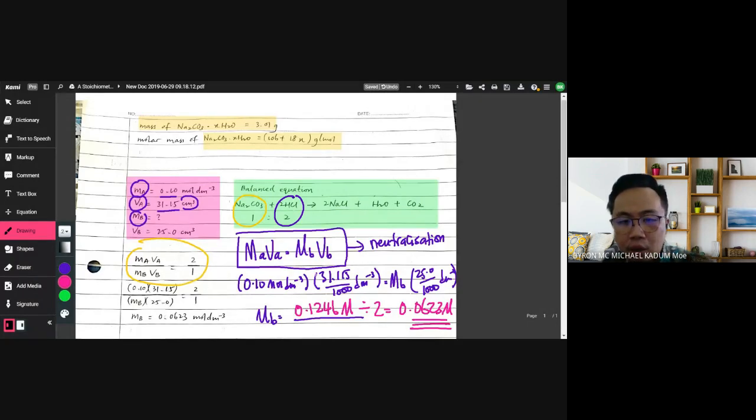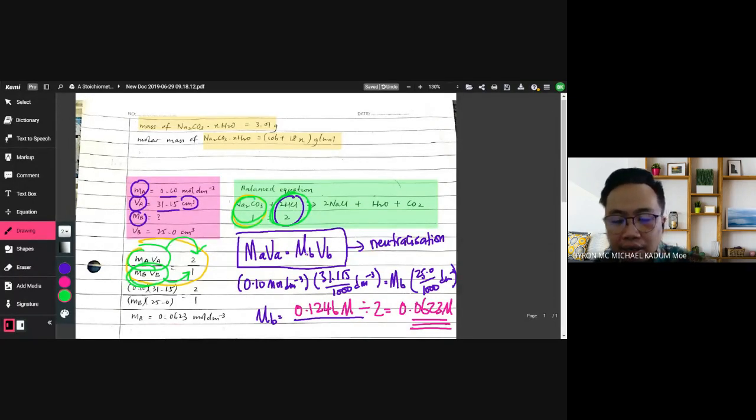Okey, sama macam apa yang berlaku di sinilah. So ini sebenarnya konsep yang saya tulis ini sama macam apa yang sedang berlaku di sebelah kiri ini. Kalau kamu tengok yang sebelah kiri ini sekarang, ini adalah acid MaVa dan dia ada 2 mol. Betul? Dia ada 2 mol di sana. MbVb bawah ini dia cuma ada 1 mol. So betul lah ada 1 mol di sana. Dia punya perbandingan. So sama juga.